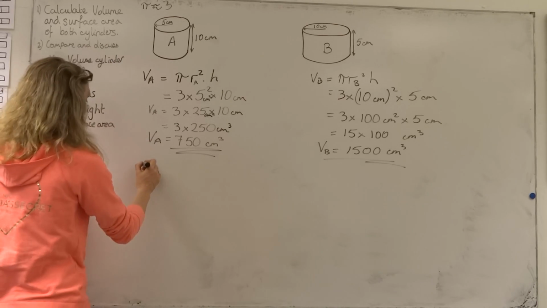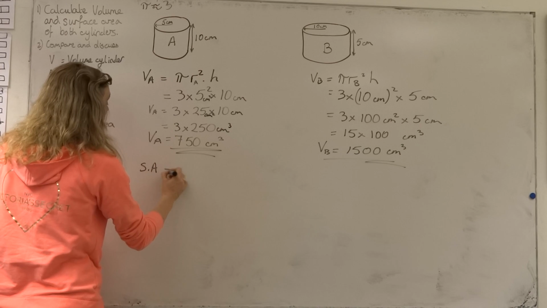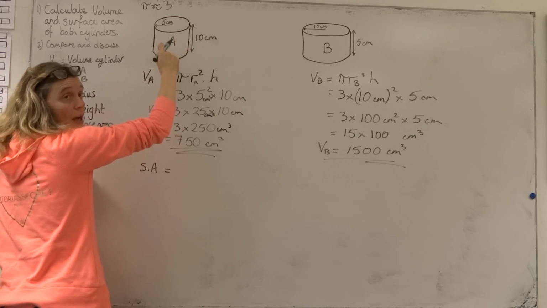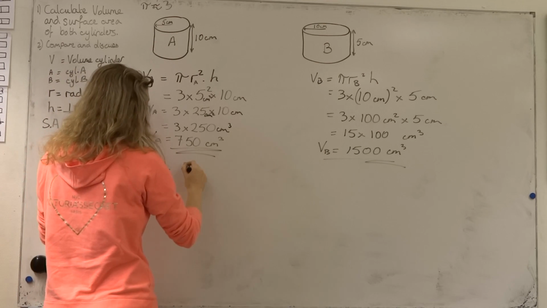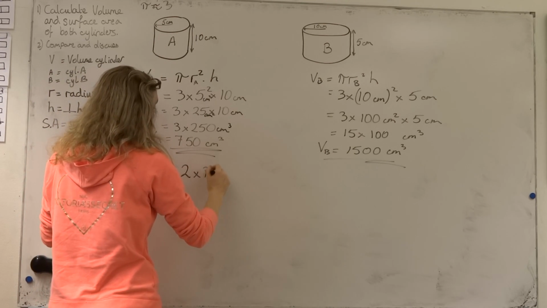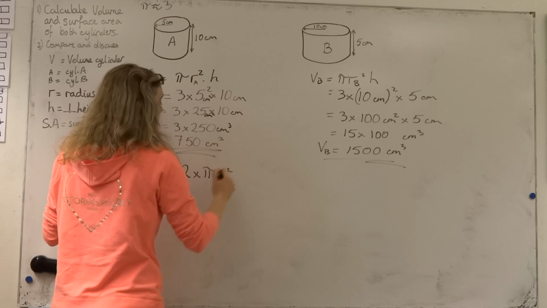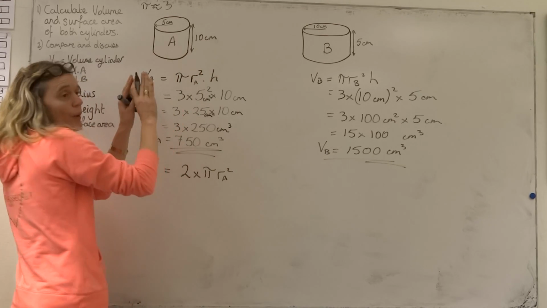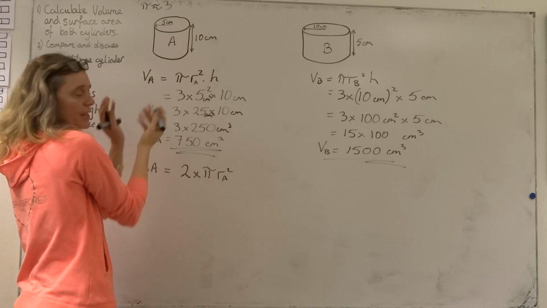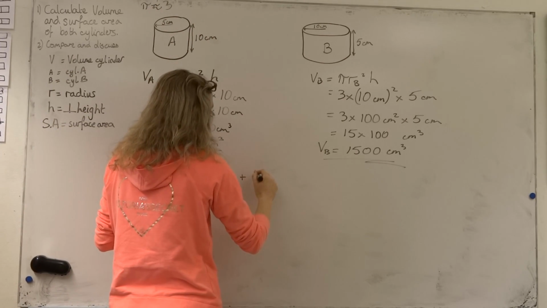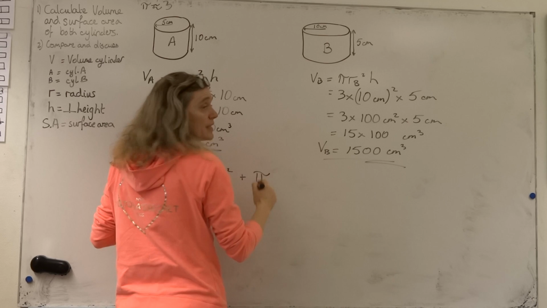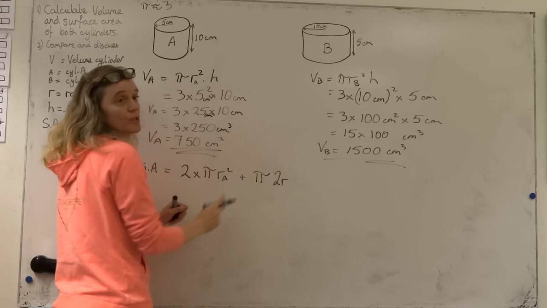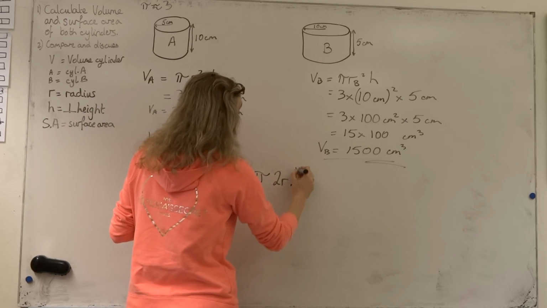So if we look at the surface area, the formula is we've got to add the area of the top ring and the area of the bottom ring. So we're going to have 2 times pi r_A squared plus the area going around the outside of the cylinder, which we know is pi times the diameter, which is 2 times the radius, because we haven't used d here, multiplied by the vertical height.